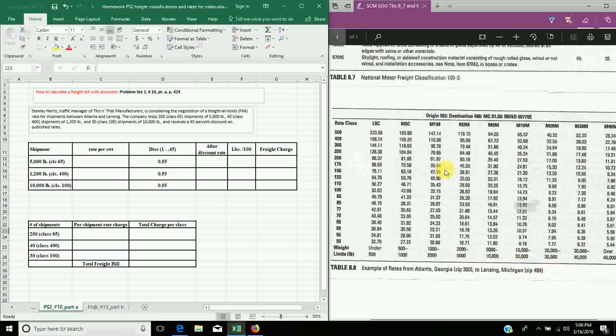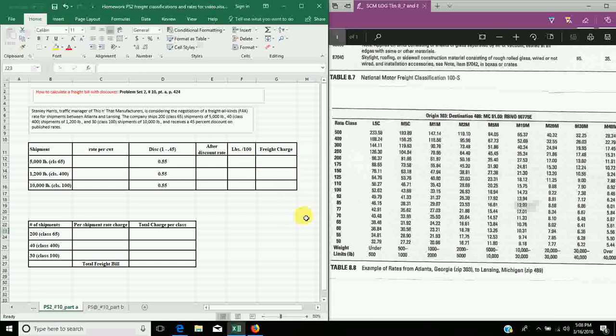So what we need to do is fill in some blanks, calculate the discount for the rate that we got over here. We also have to figure out that wonderful CWT, the hundredweight, and then multiply the discounted rate times this hundredweight to come up with our freight charge.